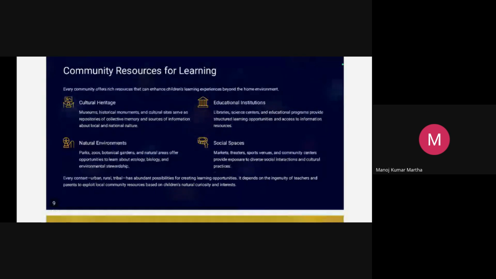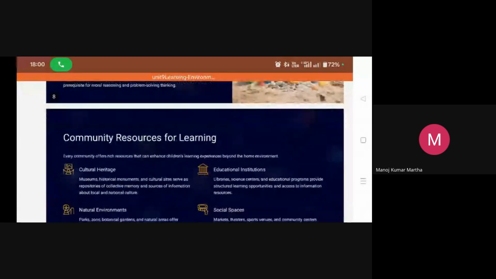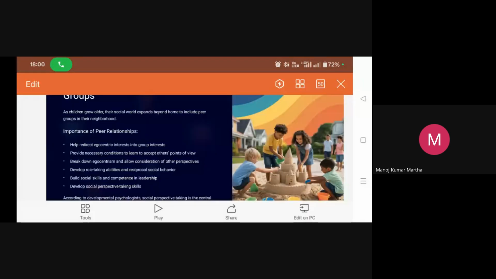Natural environment is also regarded as a community resource: parks, zoos, botanical gardens, and other natural areas from where students get first-hand experience. Then social spaces are also there: markets, theaters, sports venues, community centers. They provide exposure and experience, and through interacting in those spaces a child learns many things. So this is about community resources, or what we call home and environment.